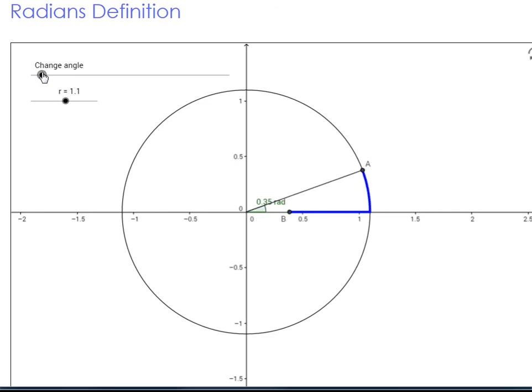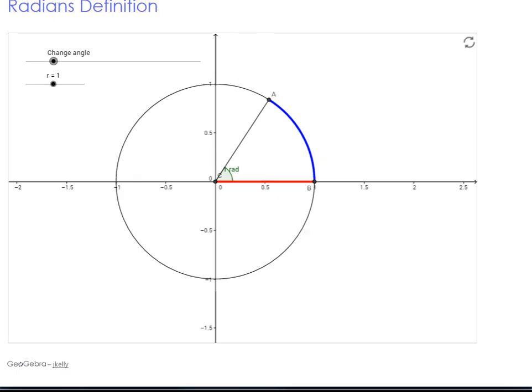If I pull that radius, that blue line, from the actual radius to the edge of the circle, what ends up happening is this distance, this arc length, is known as 1 radian. And down here we can see when I pull that radius up onto the circle, I've gone a distance of 1 radian.